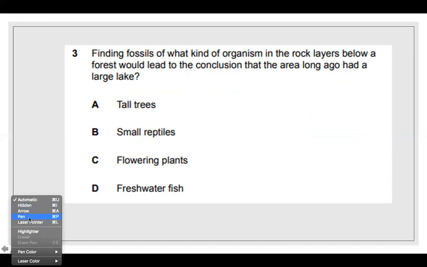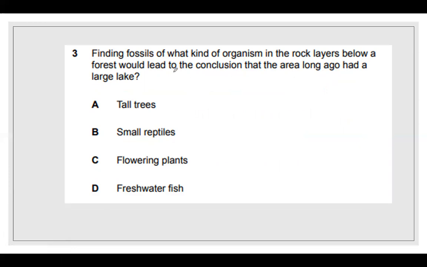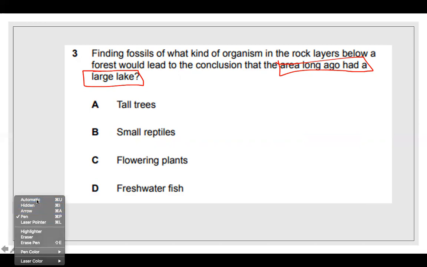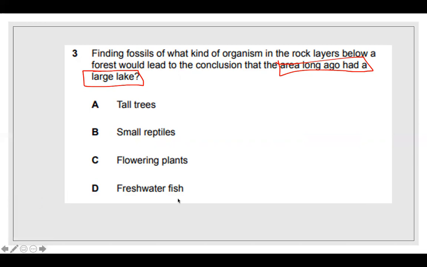So again, we are looking for a fossil that is going to help us show that an area long ago had a large lake, right? So I want you to think about what usually lives in a large lake, because this fossil is going to help us know that a large lake was there. So think about what lives in a large lake.